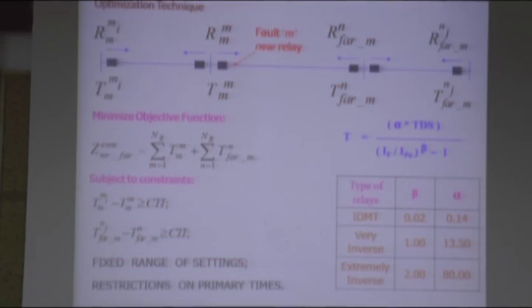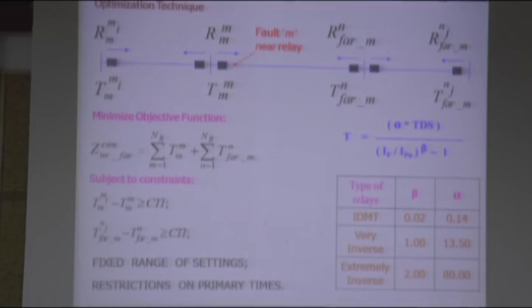For example, we can realize here a fault M, that is a fault near the relay to which there is a red pointer. If there is a fault at that point, then the two black boxes at either end of the line are required to operate.